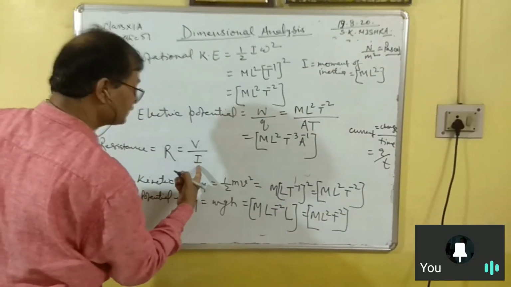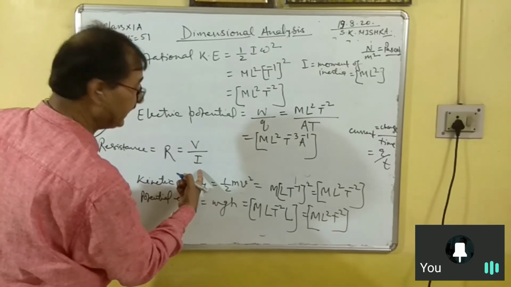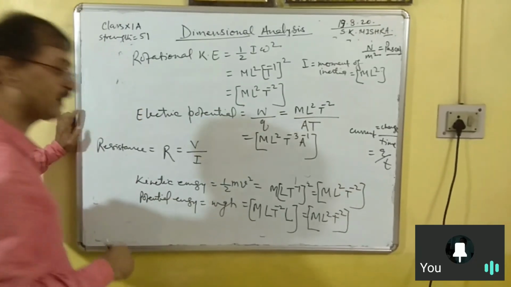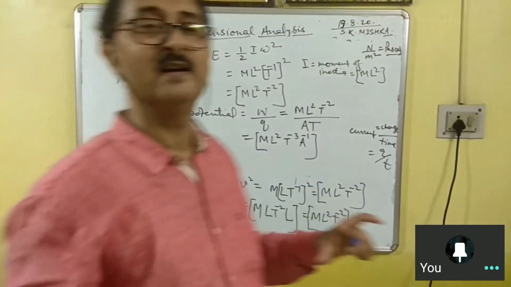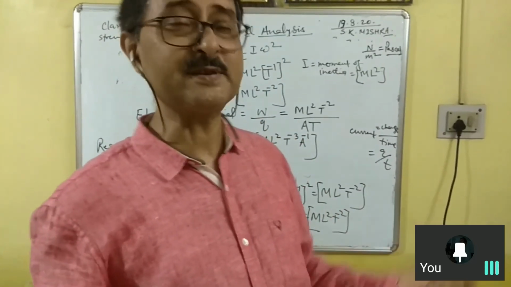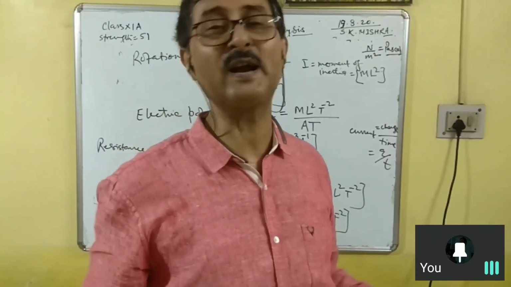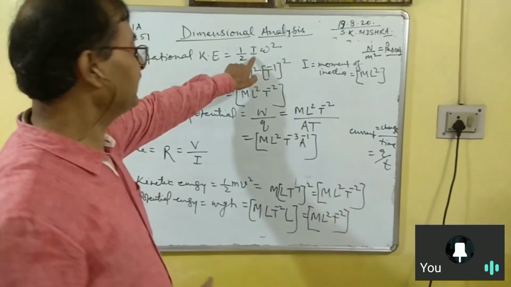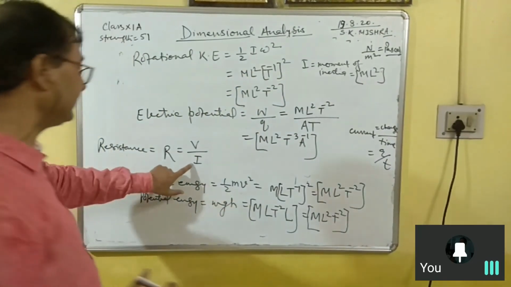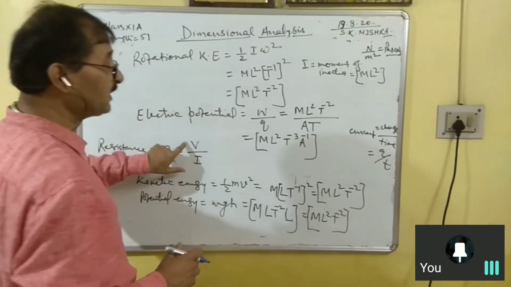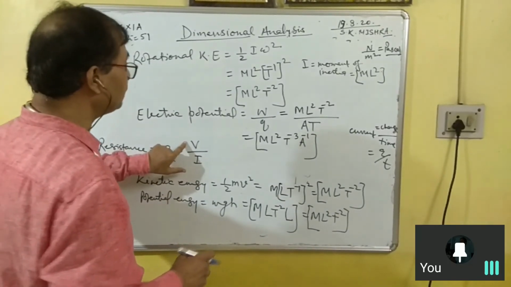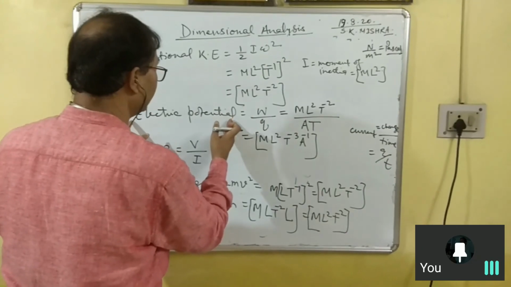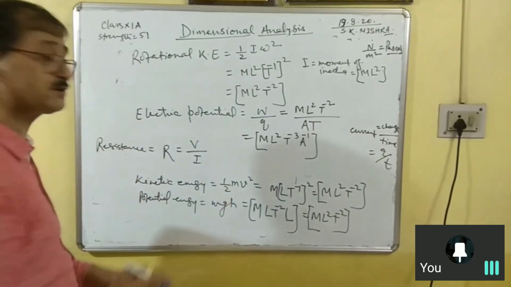Here I is for current. There are a lot of physical quantities and symbols are limited, which is why we use the same symbol for different physical quantities. Whatever is the dimension of electric potential, the same is the dimension of potential difference.